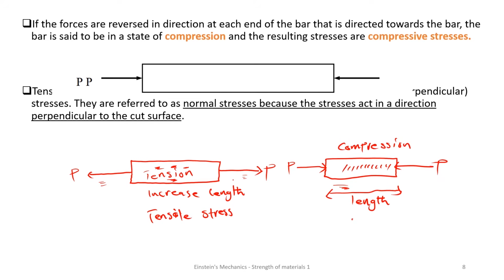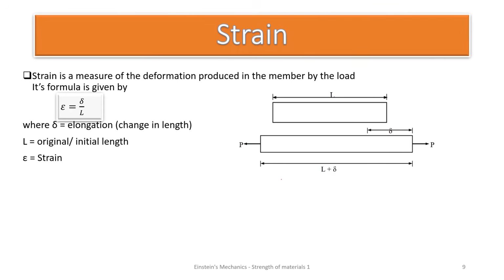So we should take good notes on this. It is very important that we know about tension. Now let's look at what strain is about. I'll take my time and explain it so that you get the concept behind strain. Strain is the measure of the deformation produced in the member by the load or the force.